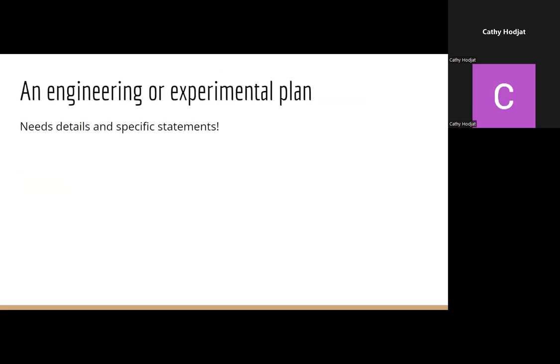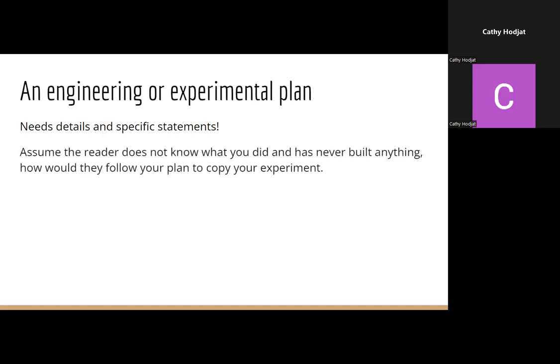Okay, so an engineering or experimental plan needs details and specific statements. Assume the reader does not know what you did and has never built anything. How would they be able to follow your plan to copy your experiment?